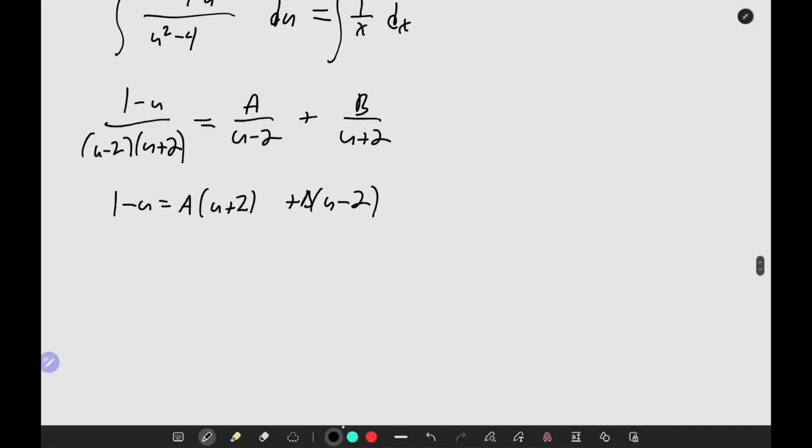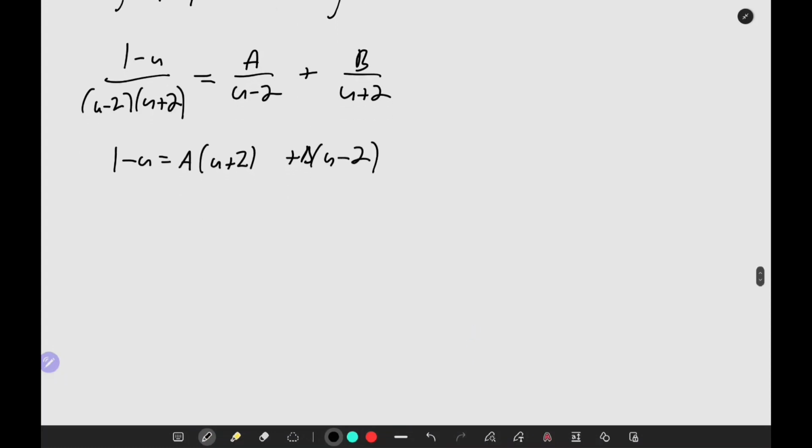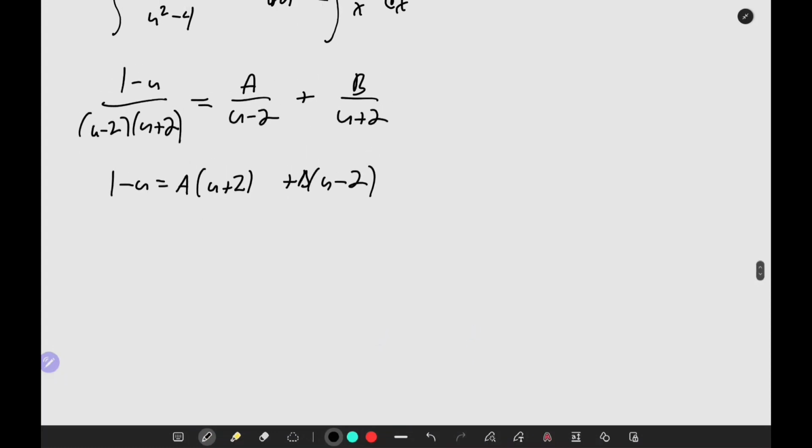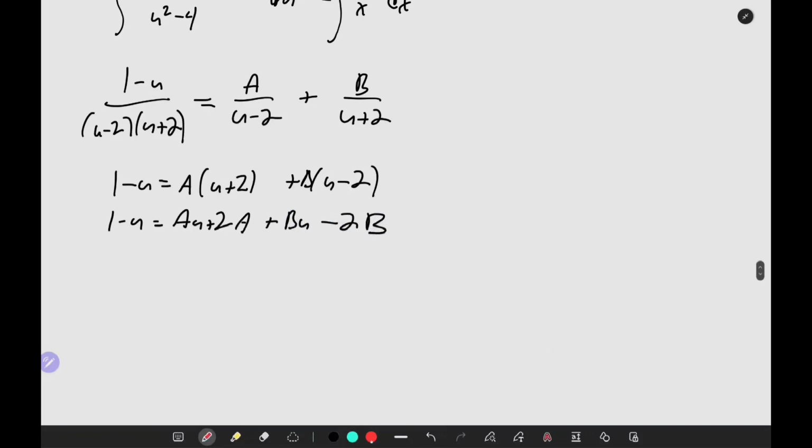Okay, now we have to solve. I'm going to distribute the a and b, so 1 minus u is equal to au plus 2a plus bu minus 2b. We set both sides equal to each other, so let's look at the u's first.